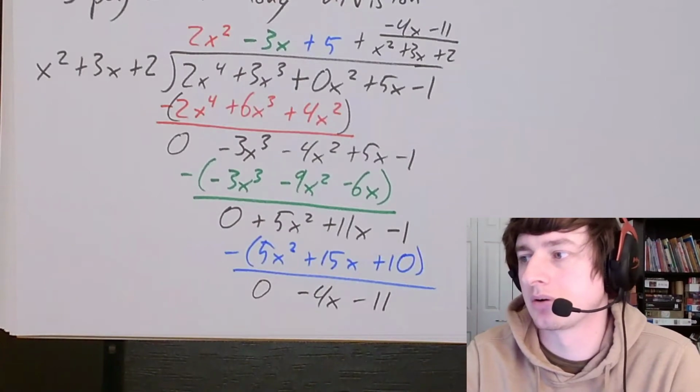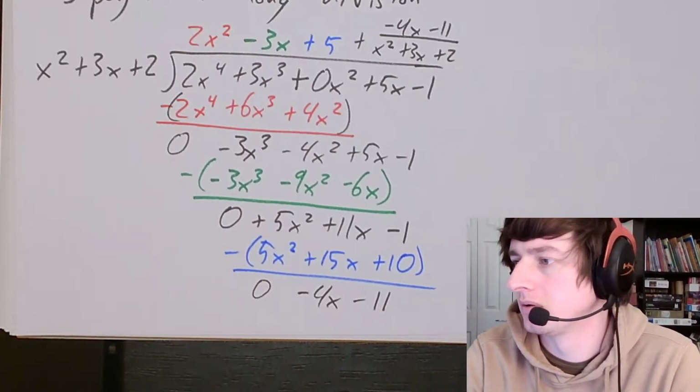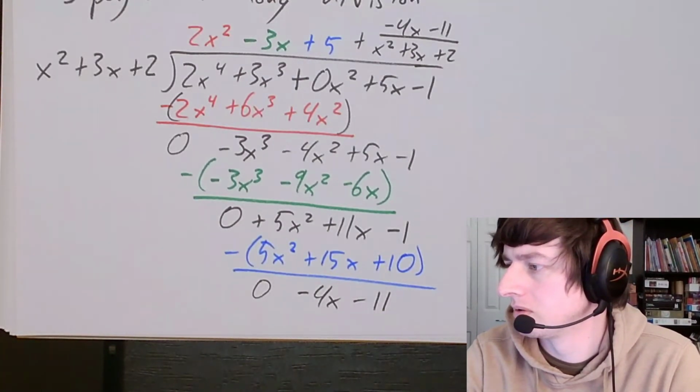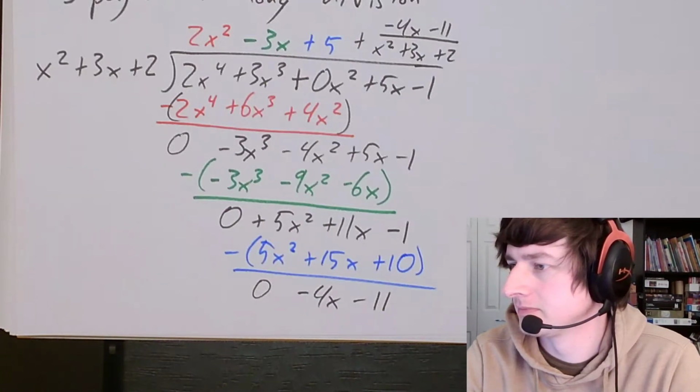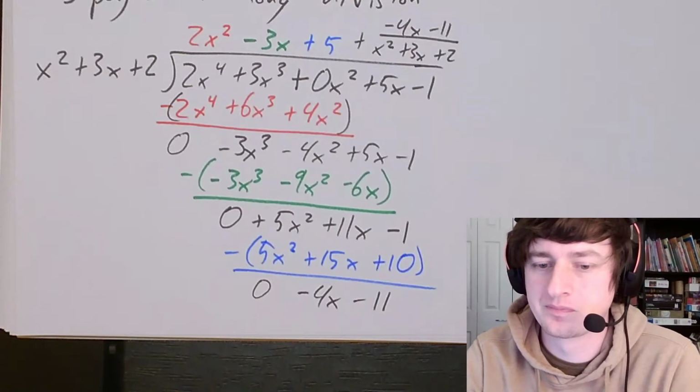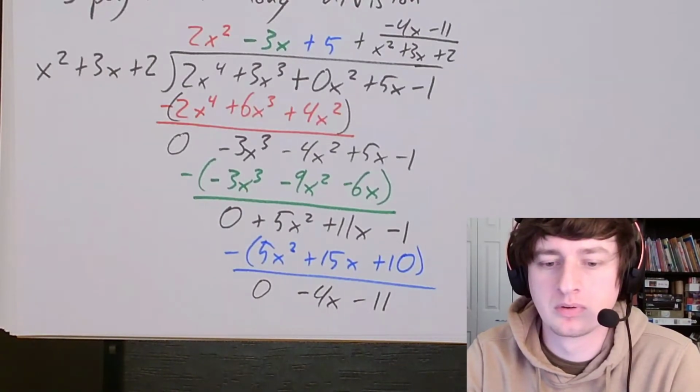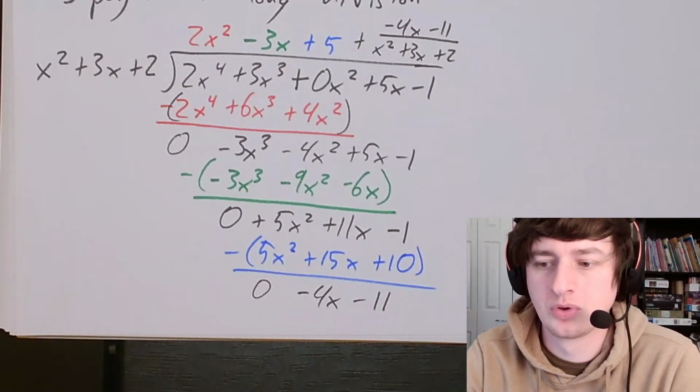Any questions so far? Why did we stop at negative 4x? Okay, yeah.